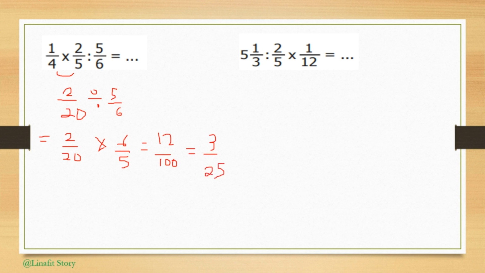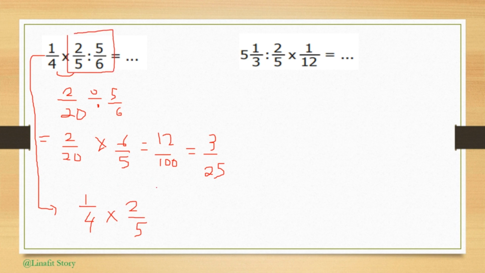Or another way to solve this equation, there's the multiplication, so 1 out of 4 times 2 out of 5. And then remember, for the division, keep, change, flip.